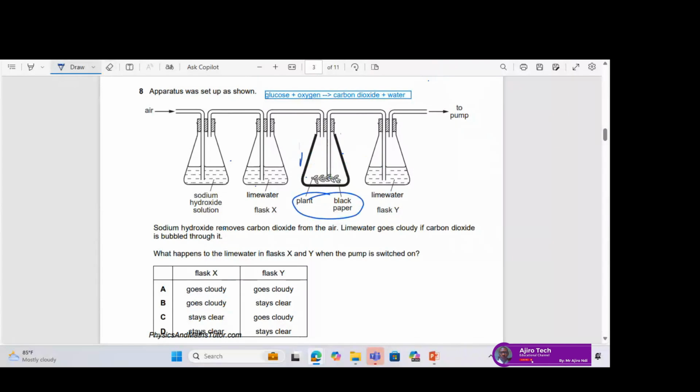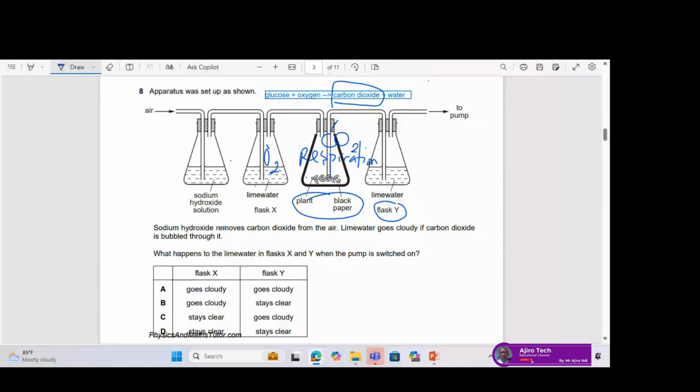Since this plant is respiring, it means the leaves are releasing a lot of CO2 from respiration, because oxygen is passing to the plant, and when they respire, they break down the oxygen to release carbon dioxide. It means carbon dioxide will pass from this plant all the way to the next tube containing lime water.